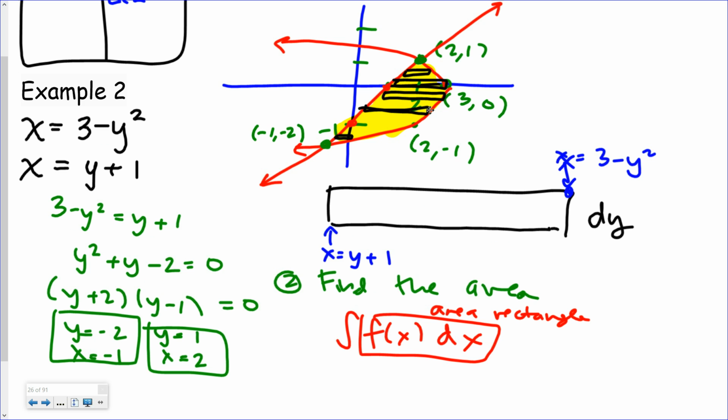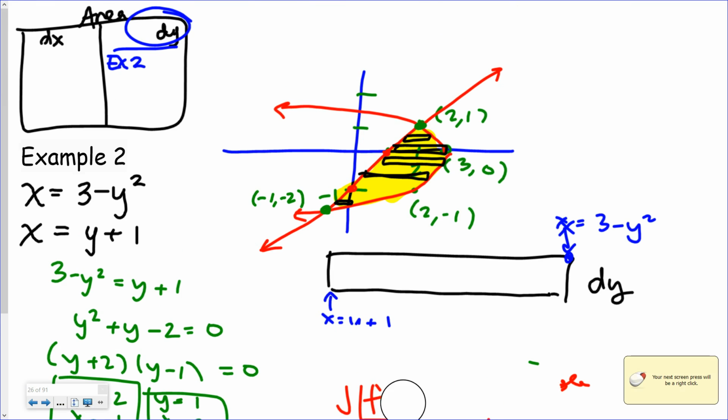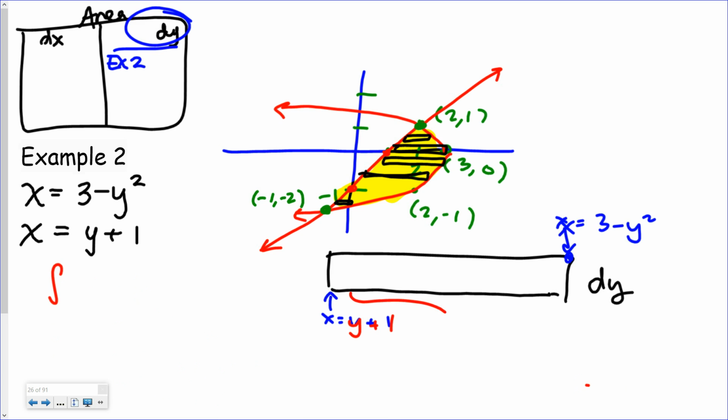So if I look at this, the area of the rectangle is going to be, let me erase this left side, the integral of x minus x, so this length right here, which would be 3 minus y squared minus quantity y plus 1, dy.